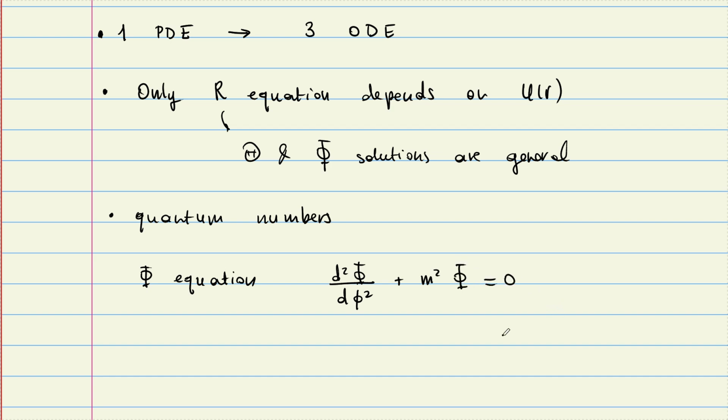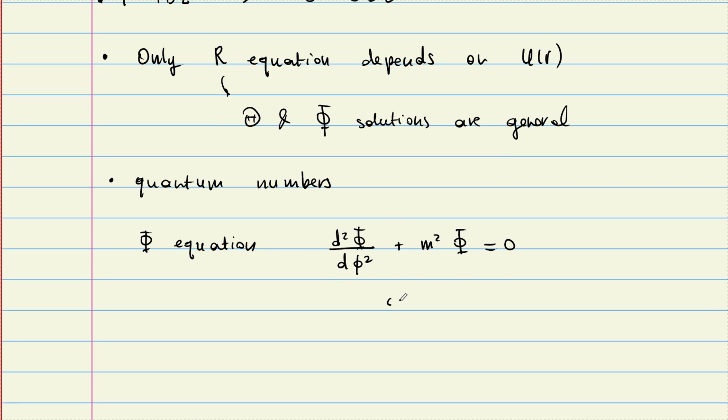And what is the solution of this equation? I think everybody knows how to solve this now, right? Second order derivative depends on the function, and there's an overall constant which is positive. Exactly. So the solutions are phi of phi equal to some constant times e to the i m phi.